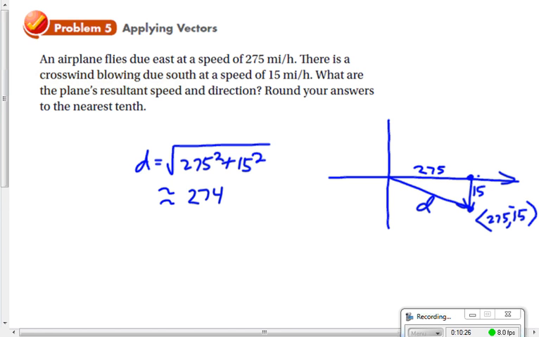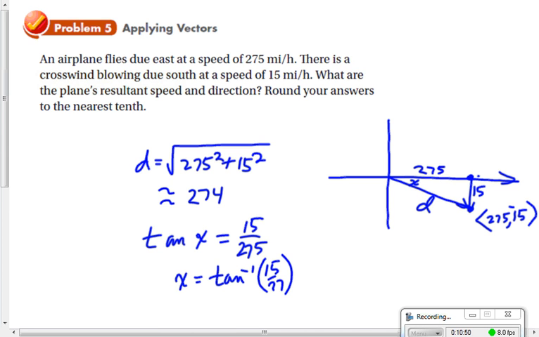And then our direction we're going to find by using, we want to find this value right there, we'll call that x. And we know that the tangent of x is going to equal the side opposite, which is 15, divided by the side adjacent, which is 275. And to find x, we're going to use the inverse tangent of that ratio, which is about 3.1 or so.